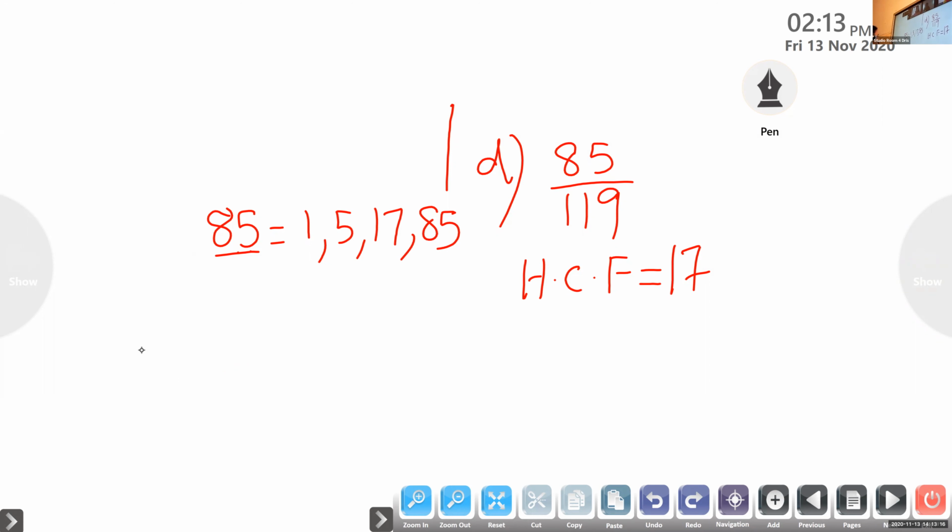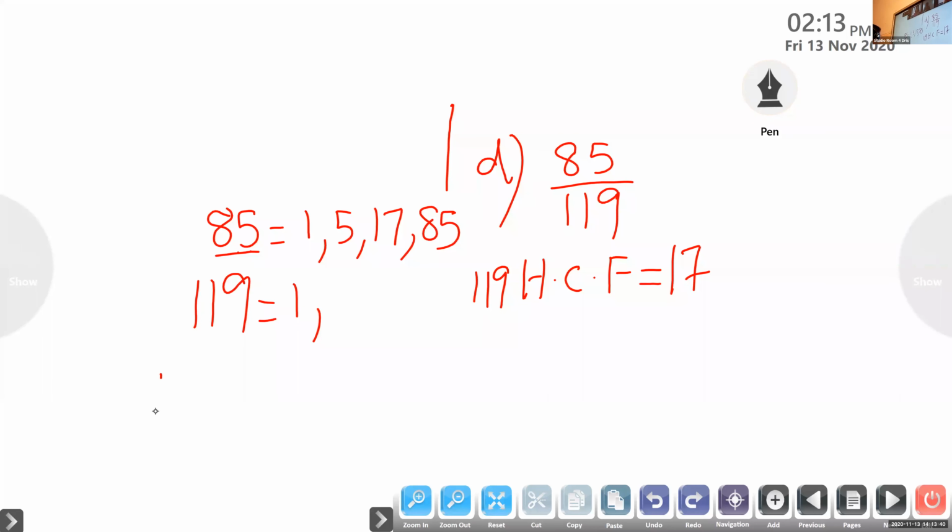Now, 119 also, you check 1 times 119. Here 2 is not possible, 3 is not possible, 4 and 5 are not possible.